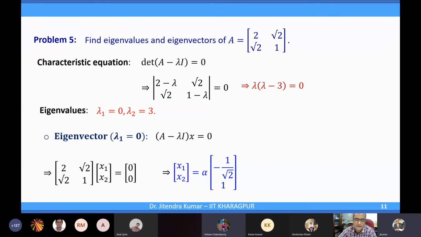Yes, there are many properties; we will go through them soon. For now I just want you to be comfortable with the calculation in the first part. Is it clear? Yes, sir.